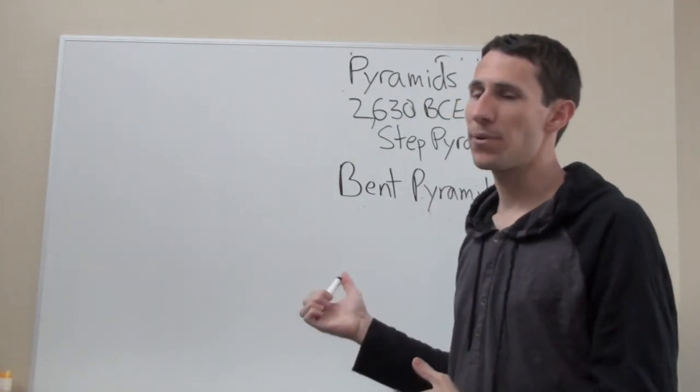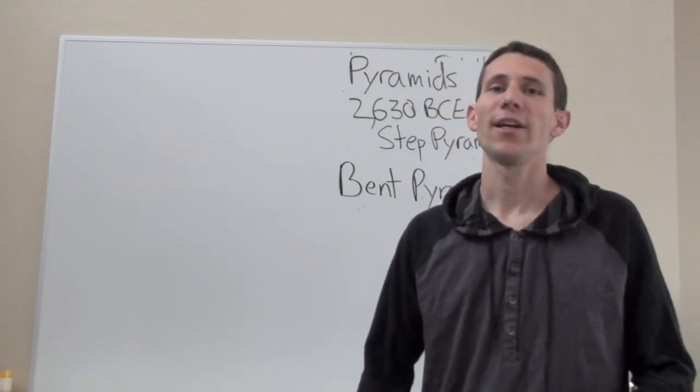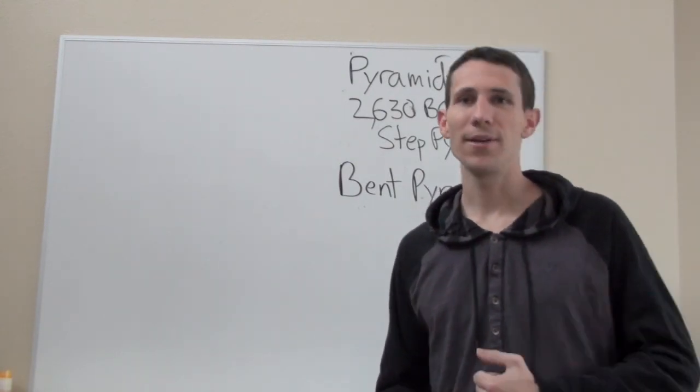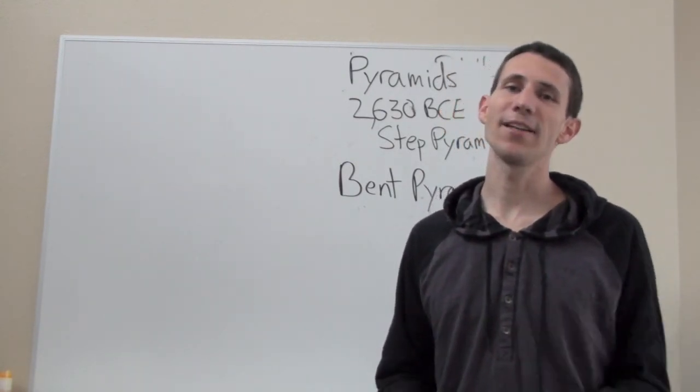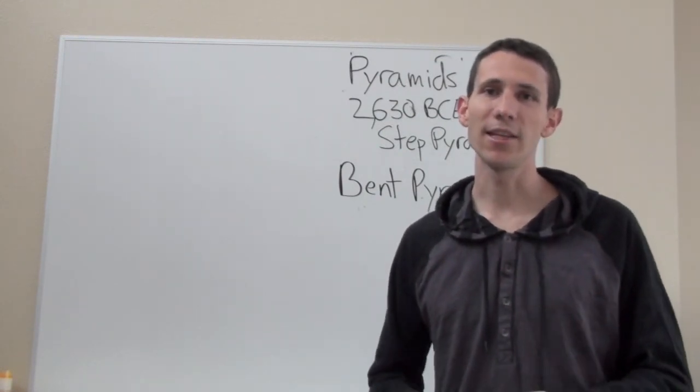And after the bent pyramid, they realize just how much weight is involved in this, and they get better at making it. And so you get the red pyramid, then you're going to get finally the pyramid complex at the Giza plateau.